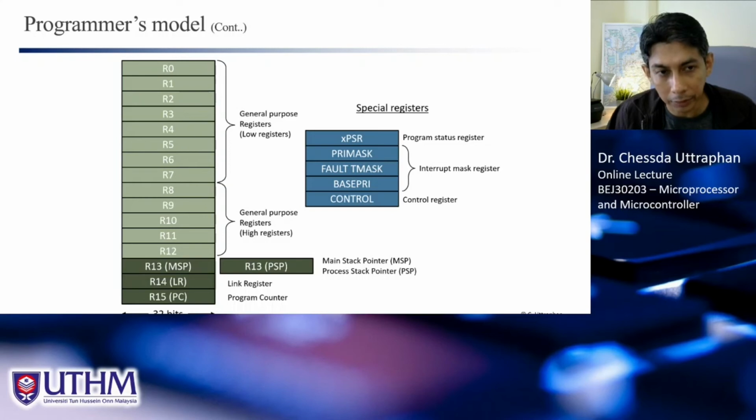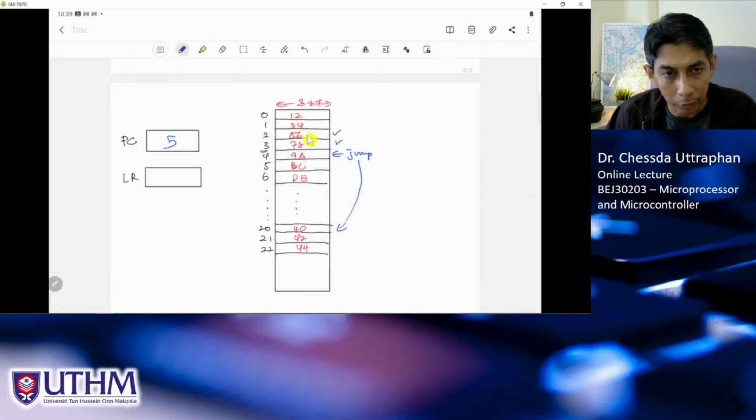At that point we interrupt the microprocessor to do something else. For example, when the microprocessor is running the instruction at location number 4, we interrupt it to do something else or to request attention.